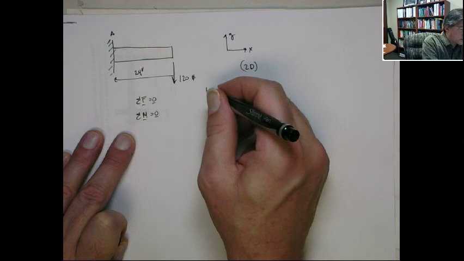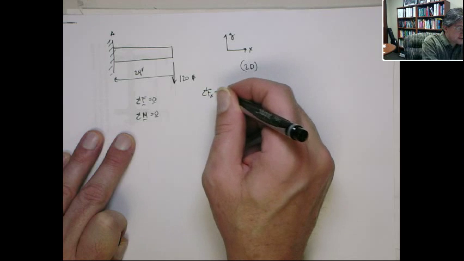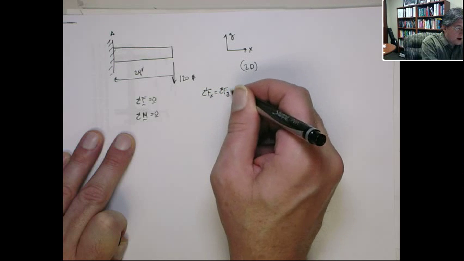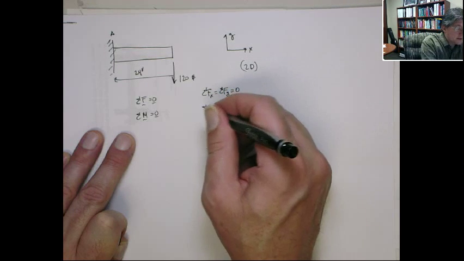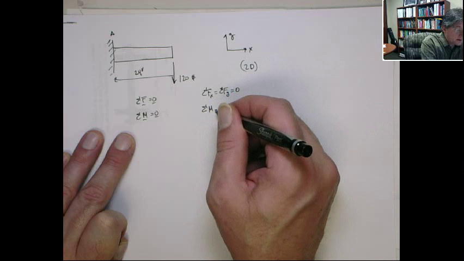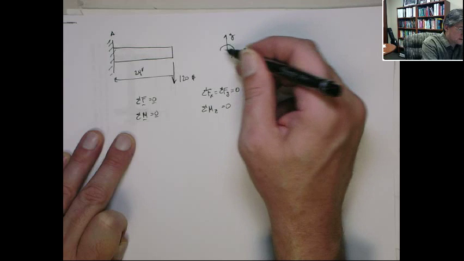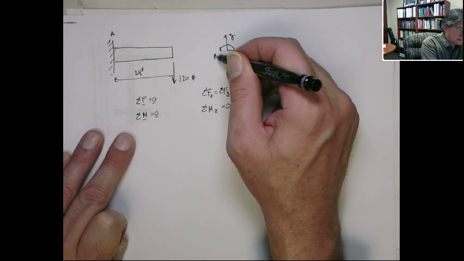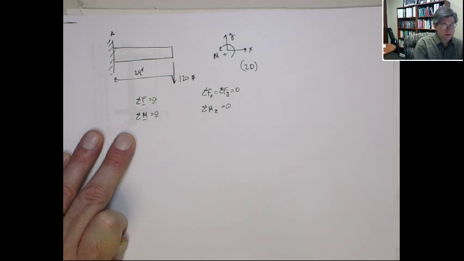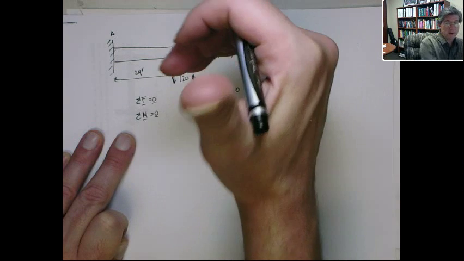So just deal with sum of forces in the x and the y equal to 0, and then sum of moments about the z-axis. That's the moment in the plane, right? So that's what gives us a positive moment sense, because that's the z-axis coming out of the plane, right?